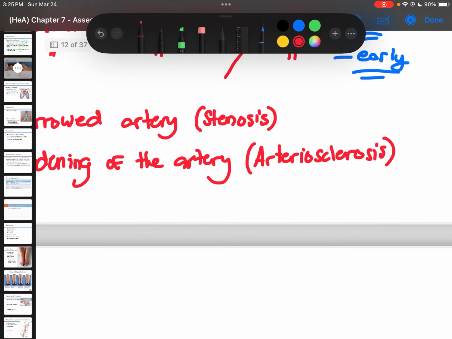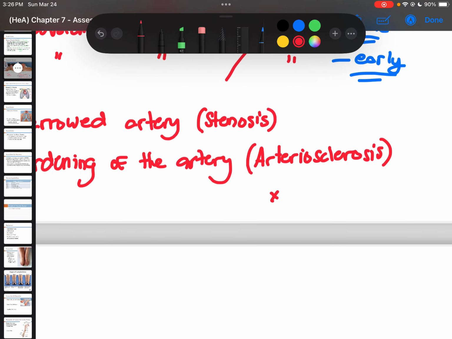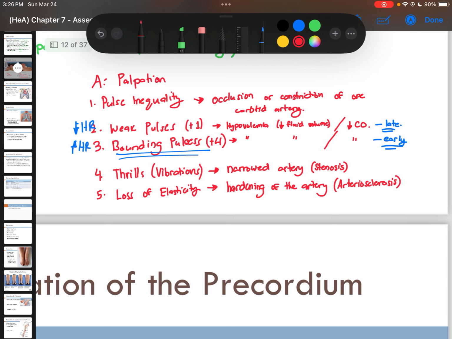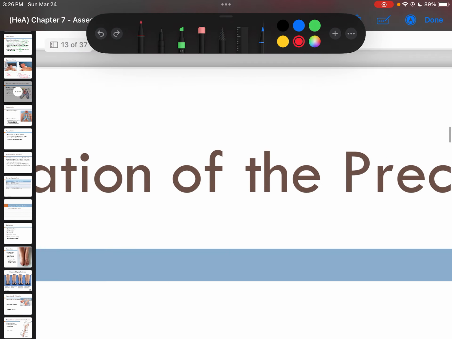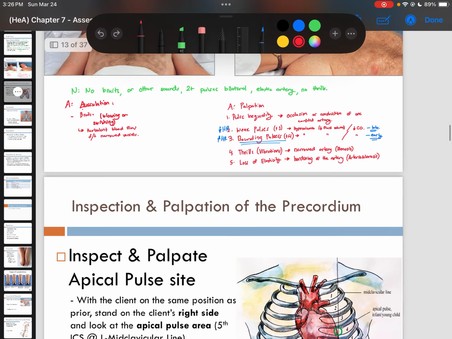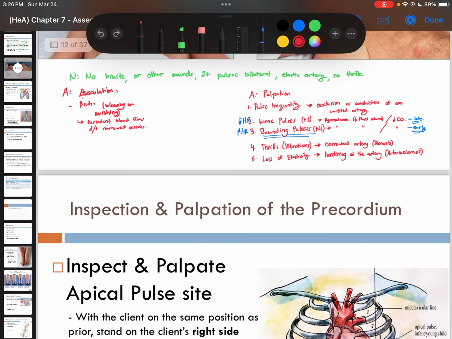Arteriosclerosis. Do not confuse it with atherosclerosis. Atherosclerosis is a different but similar problem. In atherosclerosis, there is narrowing of the blood vessel, not because it has hardened, but because there are fat deposits. When we say hardening of the artery, it is arteriosclerosis. Okay.